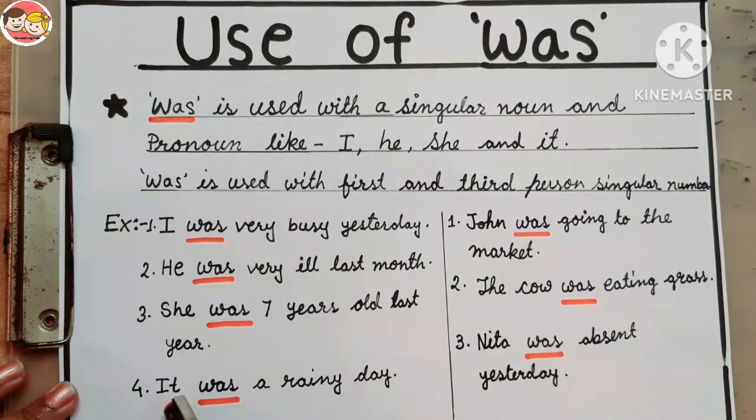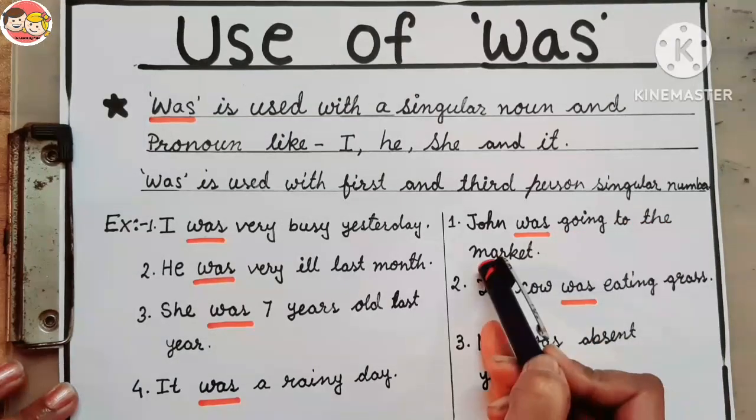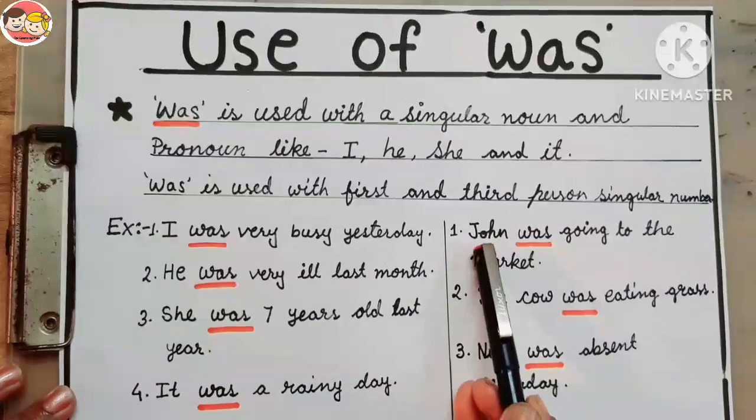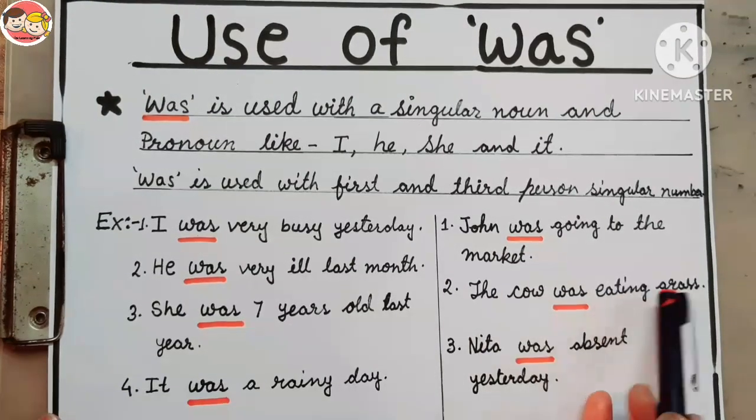Now we are going to use was with names, means noun. John was going to the market. Here we are talking about only one person, means singular noun, that is John. John is a name.